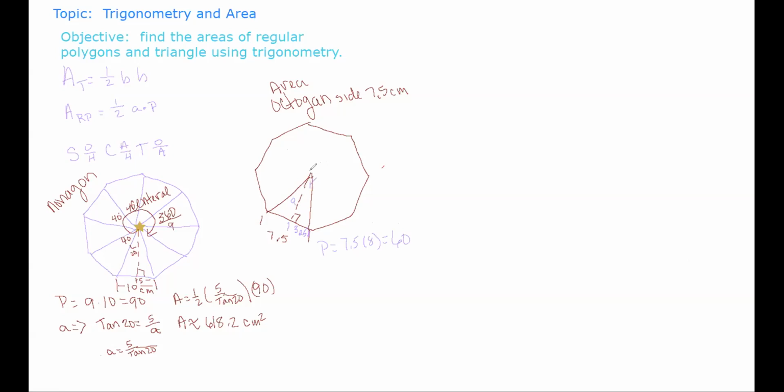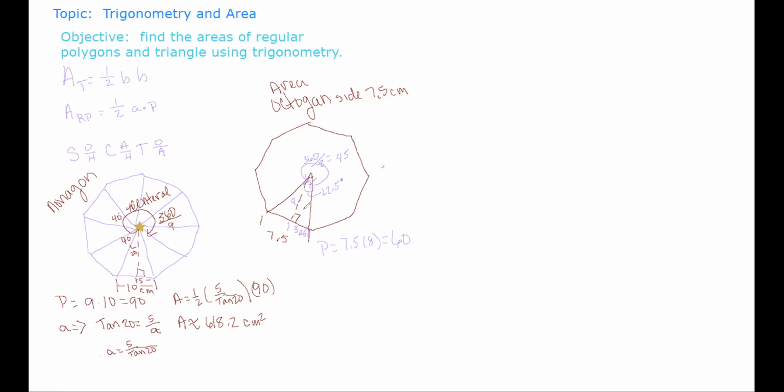I have to find the angles to do anything with the triangle. So again, the central angles all add up to 360, so I divide that by 8. That's going to give me 45. So the central angles are 45 degrees in my octagon, which makes this angle right here 22.5 degrees.